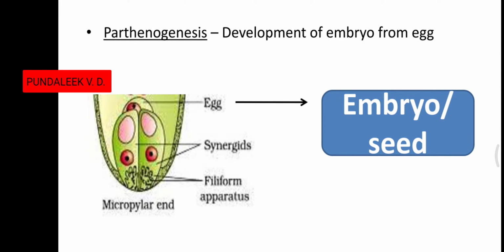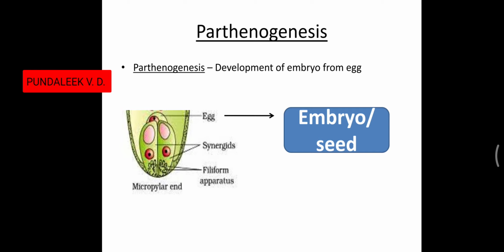Okay, so that embryo may be haploid or diploid, based on whether the egg is haploid or diploid. Usually we know that eggs will be haploid if meiosis has occurred. If not, the egg which is formed will be diploid. In certain cases, during the formation of the embryo sac, it might have skipped meiosis, so that the formed embryo sac is diploid and all the cells present in the embryo sac are diploid.